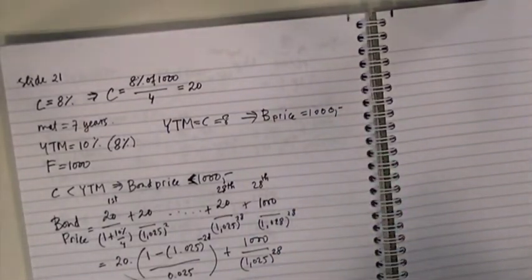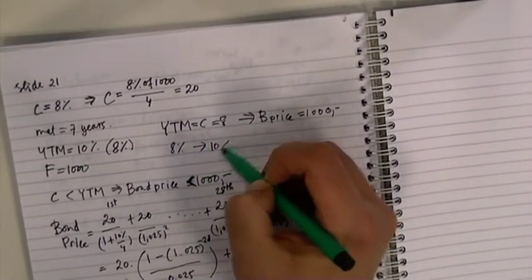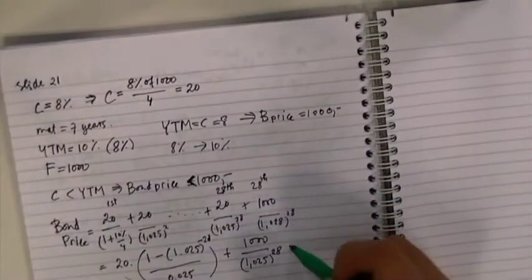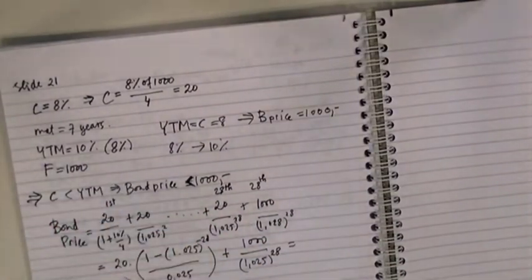But what happened, and this is why the exercise is called a downgrade by Fitch, is that the default risk on those ING bonds has increased. So the yield to maturity has increased from 8 to 10%, and this is why the bond price drops. Before we calculate this answer, we should know that the bond price drops, and we already knew this from this line here. This is the whole idea.